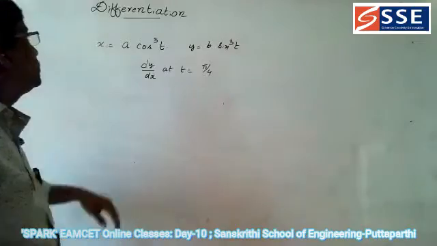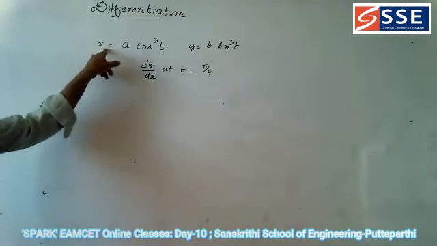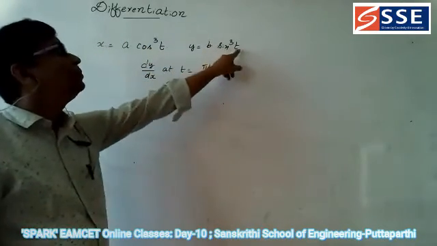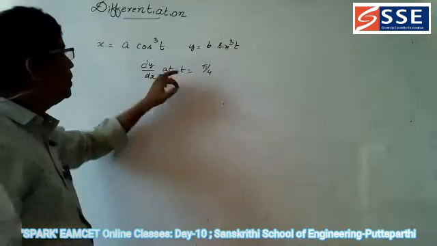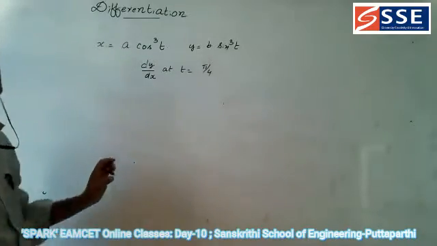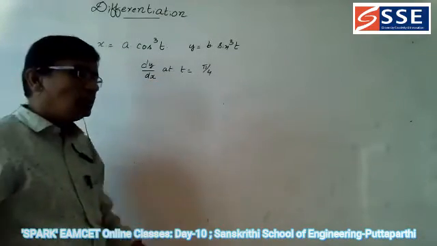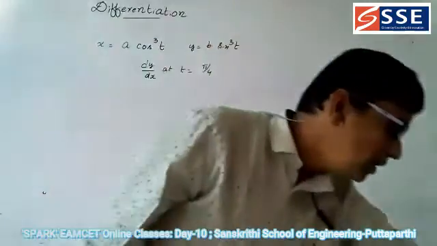Here, the question is that there are two variables given, x and y, with respect to t. We want to find dy by dx at the t value 3 pi by 4.